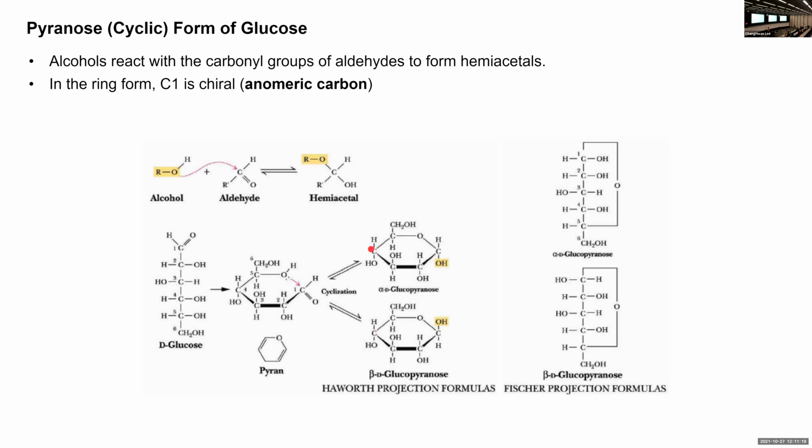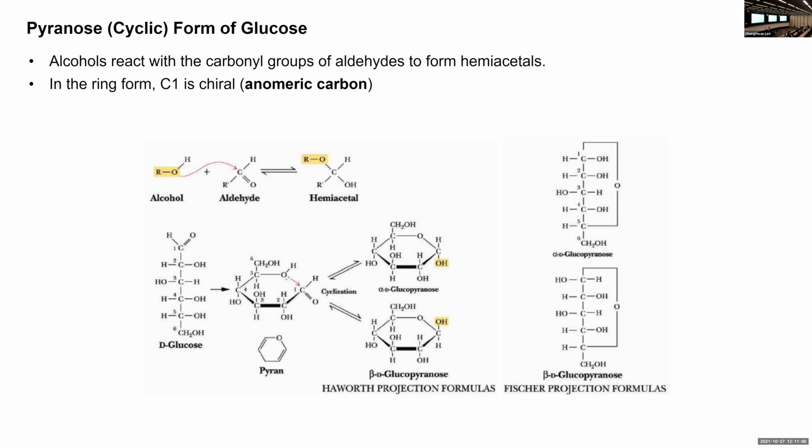So that's going to be this carbon, right? Here. No, OH is always here, so you're not going to have D or L form there, but it's based on its linear form.